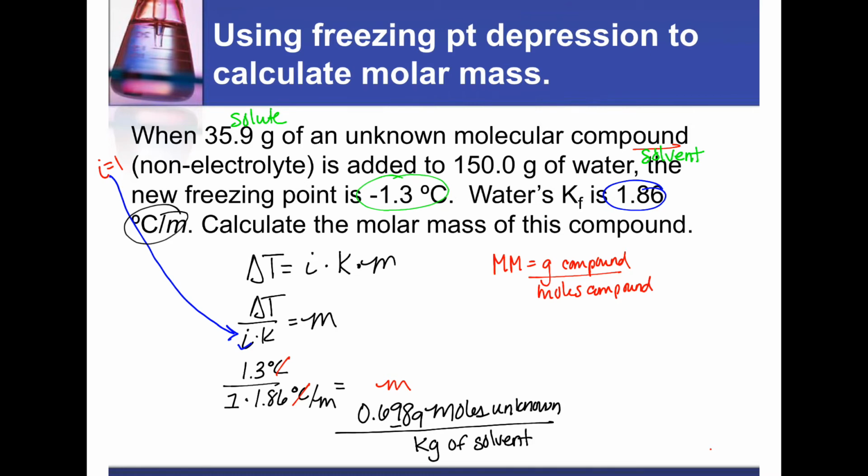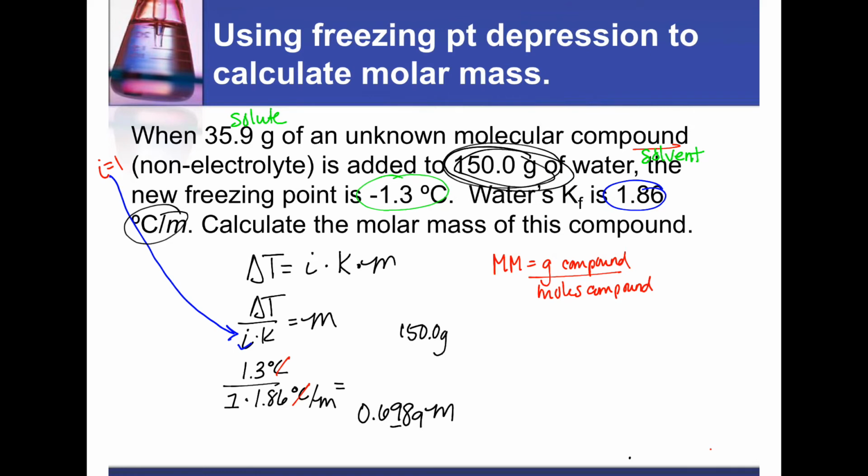Okay, so if we multiply this by kilograms of solvent, we'll get just the moles of the unknown. So I like to set that up in a very dimensional analysis type way. My problem said that I had 150 grams of water. Water's my solvent here. And for every 1,000 grams of water, I have 1 kilogram.